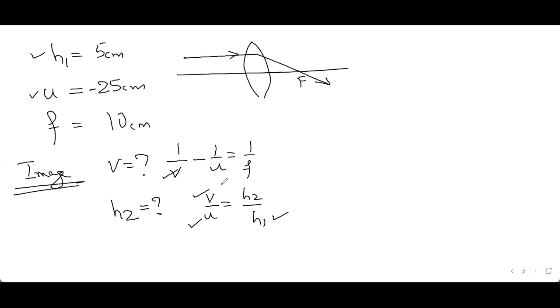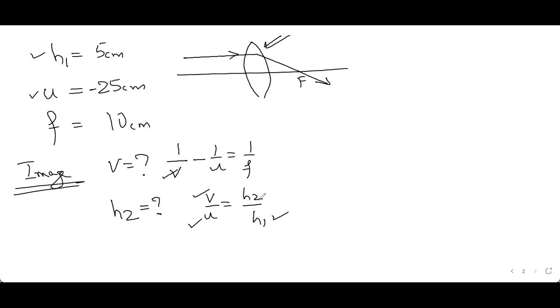Finally, it says type of the image. Is it real or virtual, erect or inverted? We know in a convex lens, all but one image is inverted and real. Only one image is erect and virtual.